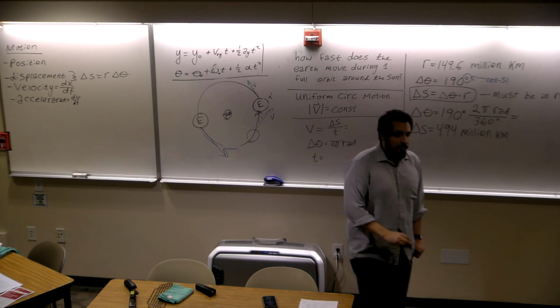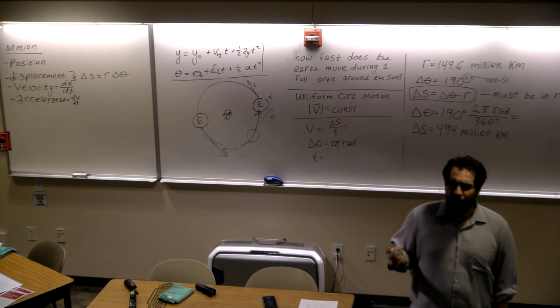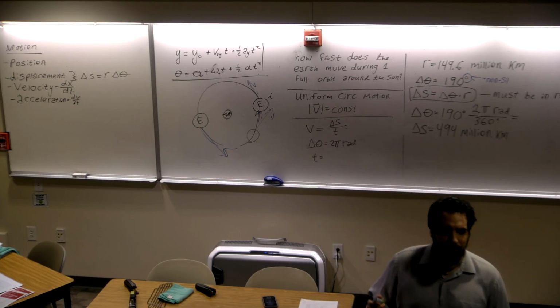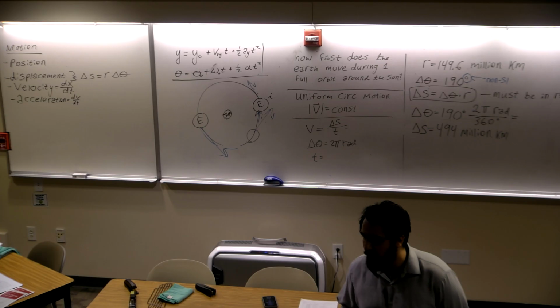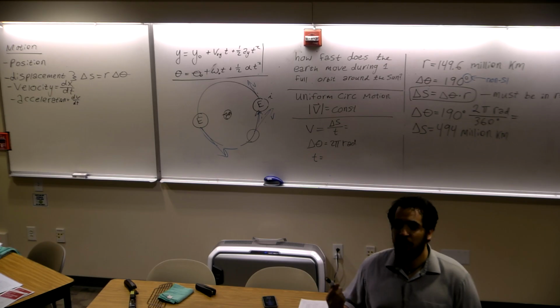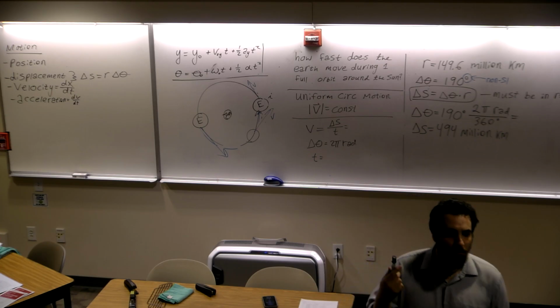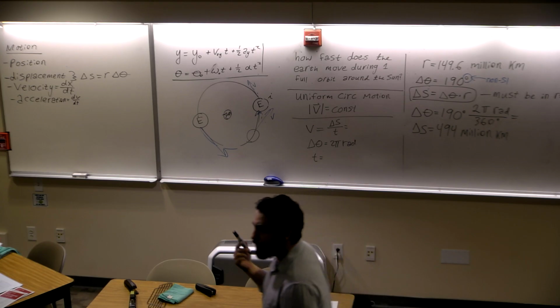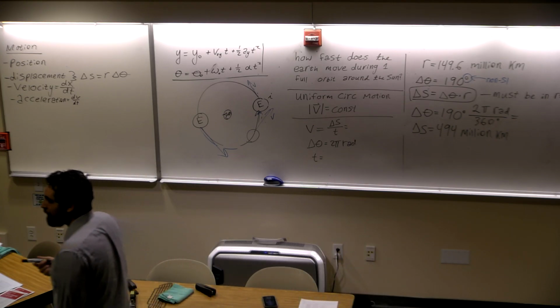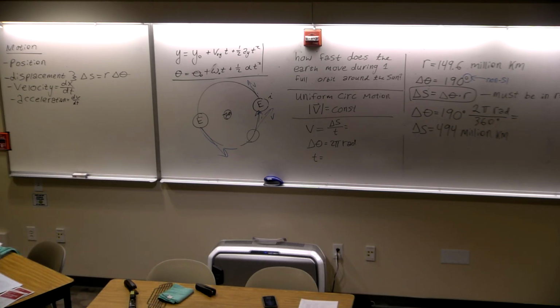When an object undergoes one full circular rotation, we call this the period of rotation. The period of rotation is the time to undergo one full motion. The period of our orbit is the time for us to go around the sun one full time.